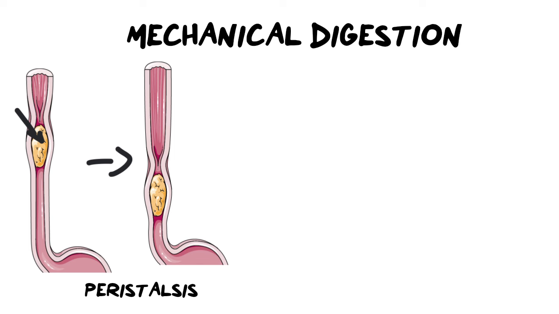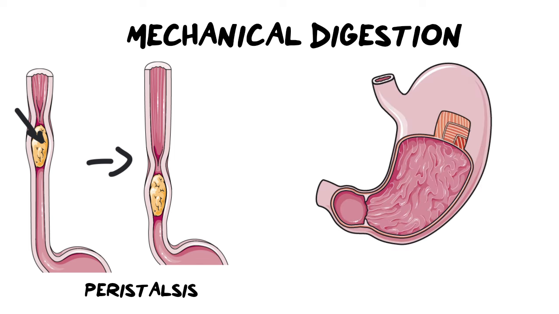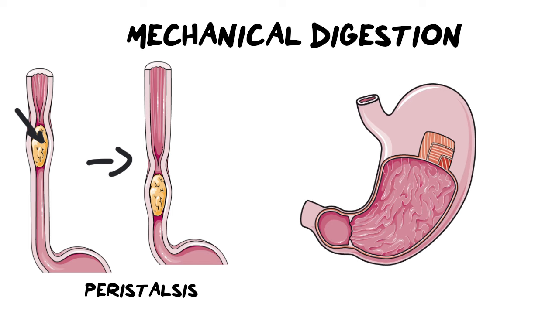Now, speaking of the stomach itself, often we don't think about the stomach being mechanical digestion because we think, oh, it's all the juices and the liquids, so it must just be chemical. But that's actually not true. We still have mechanical digestion taking place inside the stomach, and we can see a lovely cross-section of the stomach.